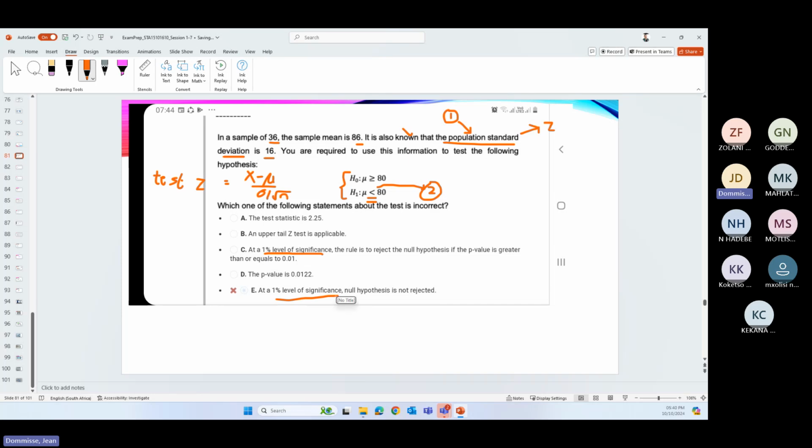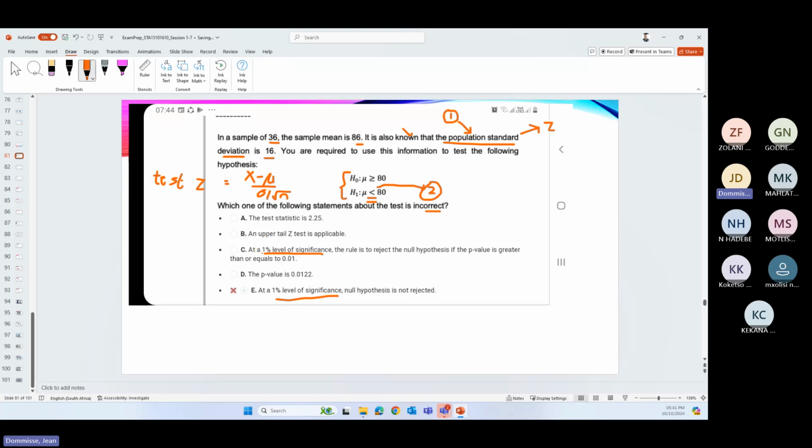Okay, so then basically when you get this, I would first read all my options. I would look at it and say, I'm looking for the incorrect one. Okay, test statistic, we can work it out with that, so that might be a simple one. An upper tail test is applicable. Okay, so you can tell me about that.